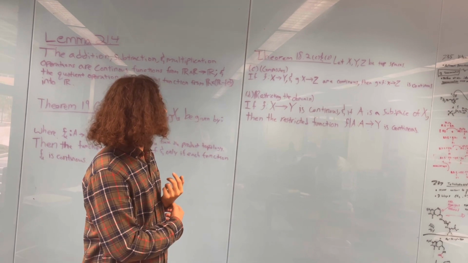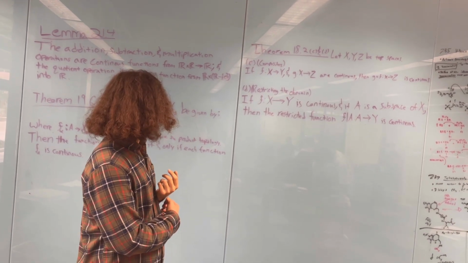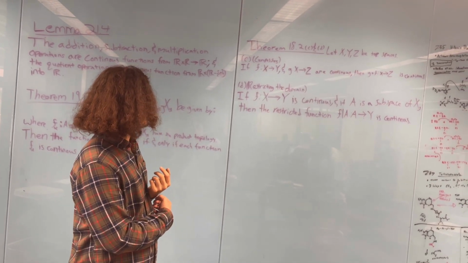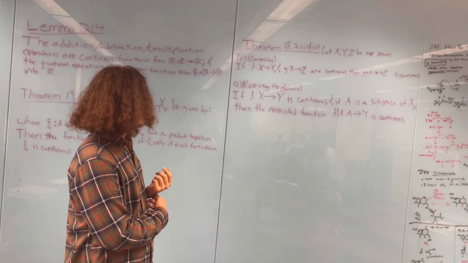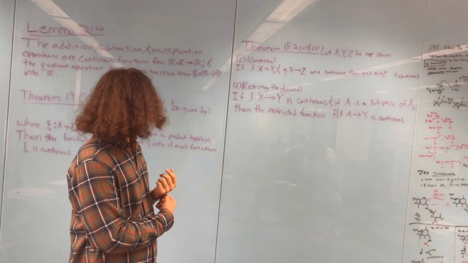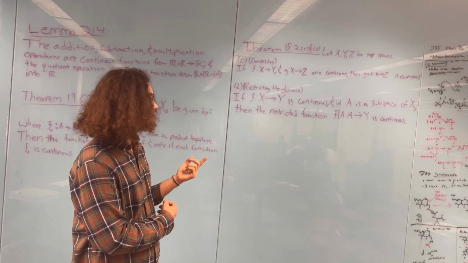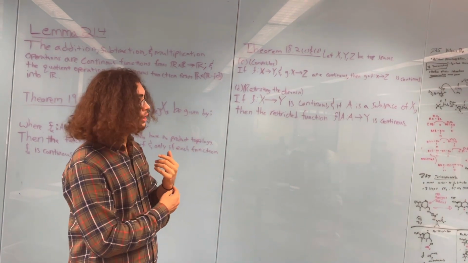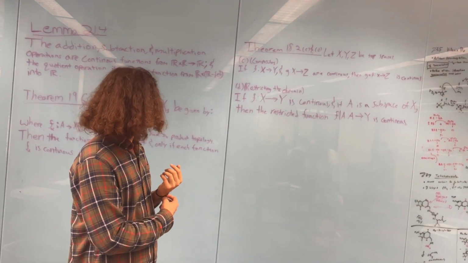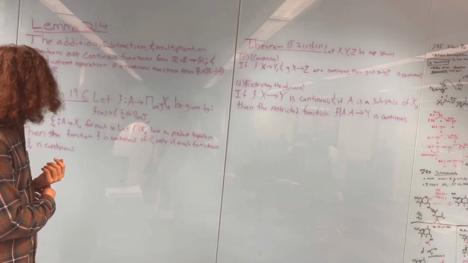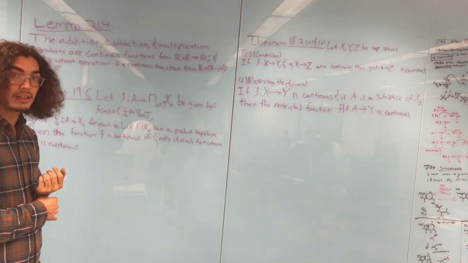Now, when it comes to restricting the domains, if f is a continuous function from X to Y, and if A is a subspace of X, then the restricted function f restricted to A, from A to Y, is also continuous. And that's all the theorems we need to progress to our next problem.